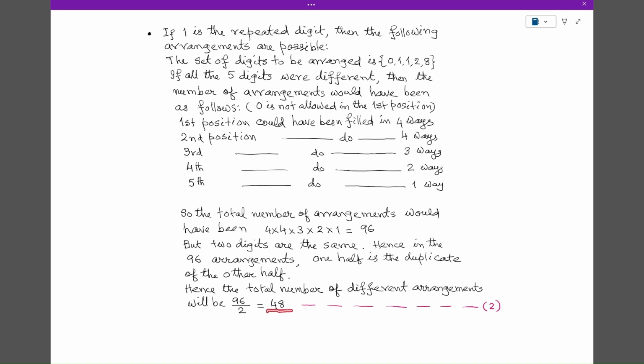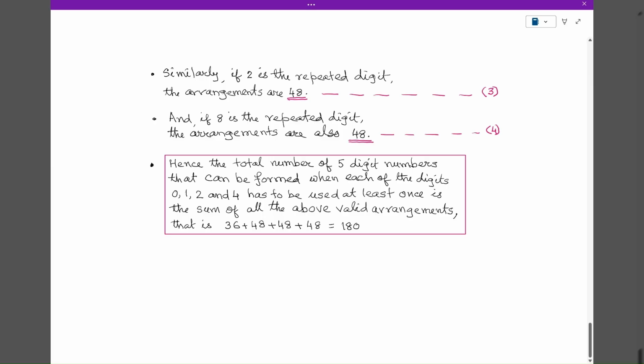Let us call it 2. Similarly, if 2 is the repeated digit, the arrangements will be exactly 48 as before. And if 8 is the repeated digit, the arrangements are also 48.